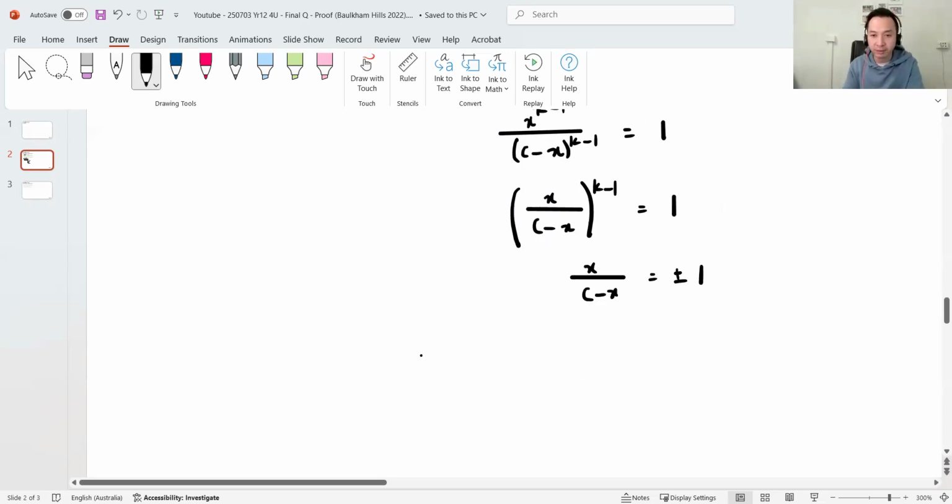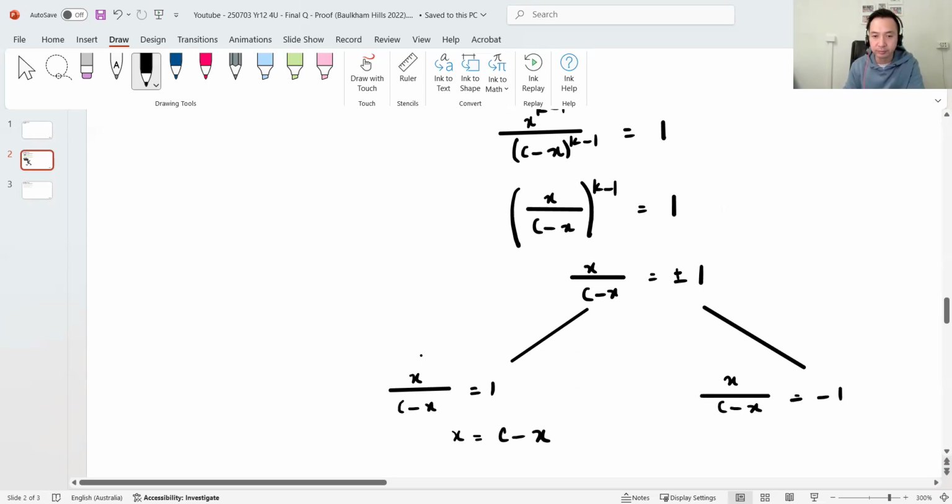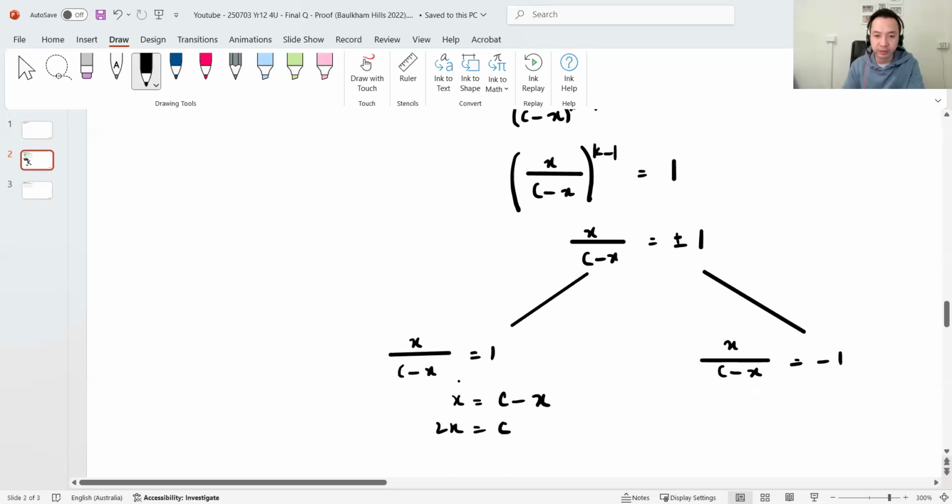Now, given that, let's see. When x over (c minus x) equals a positive 1, or x over (c minus x) equals a negative 1. Adding that up, 2x equals c, so x equals c on 2.